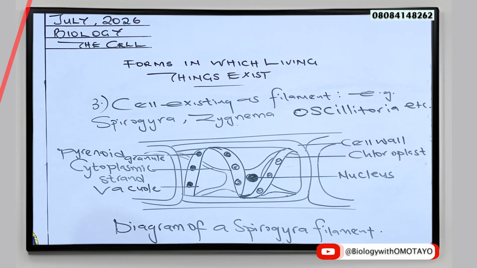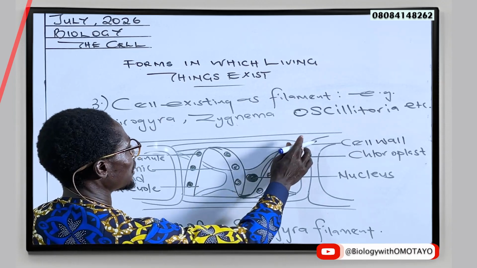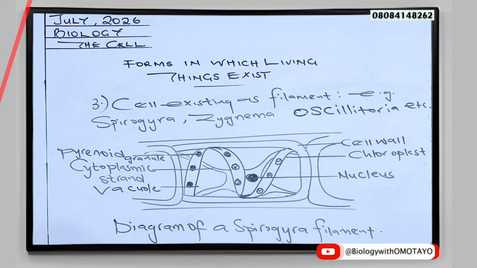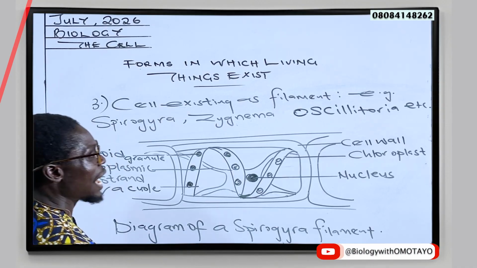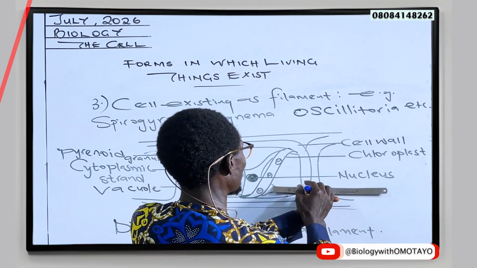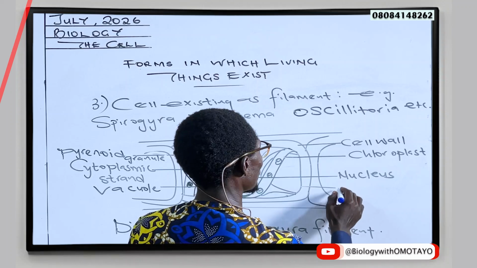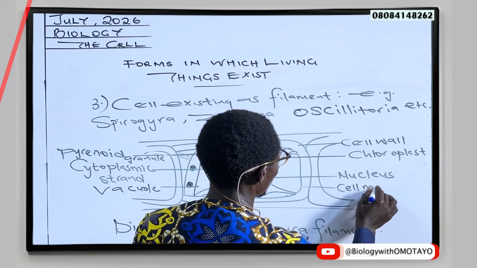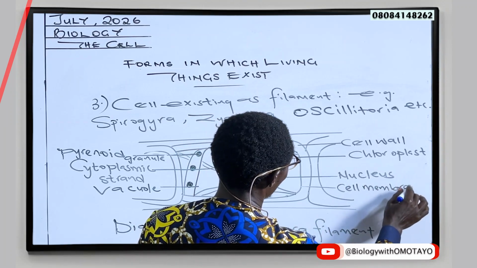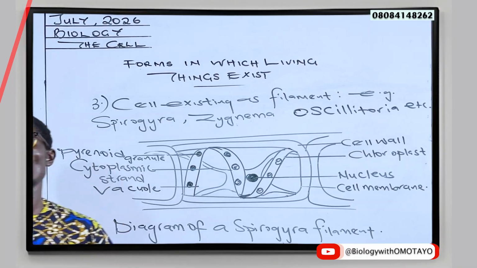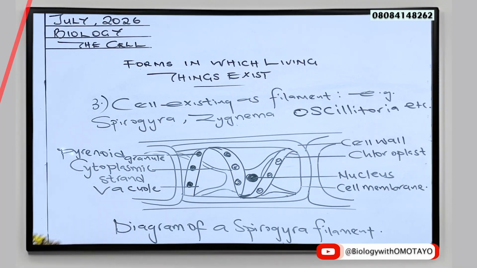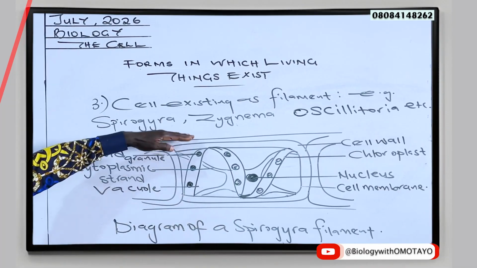And then we equally have the membrane. Aside from just the cell wall, we now have the cell membrane. Remember here, I touched this as my cell wall. Now I'll be touching the inner portion as my cell membrane. And all these collectively are encased in a sheet.